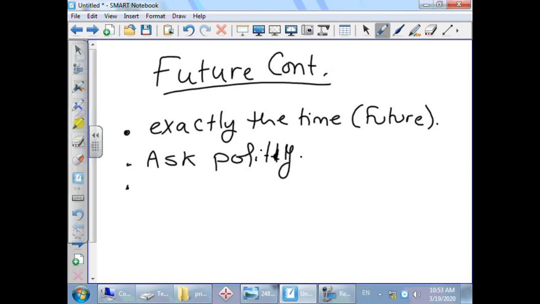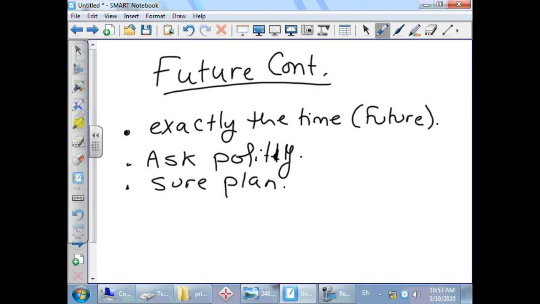Okay, next, also when we talk about plans that will definitely happen, you're sure that this plan will happen. So it's a sure plan, for sure it will happen. For example, on Saturday, I will be going to my friend's house.